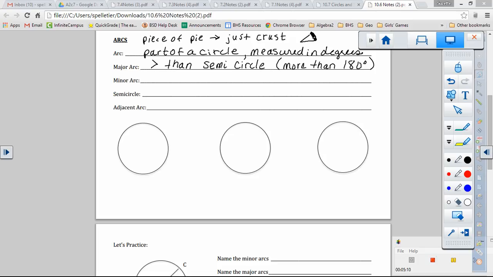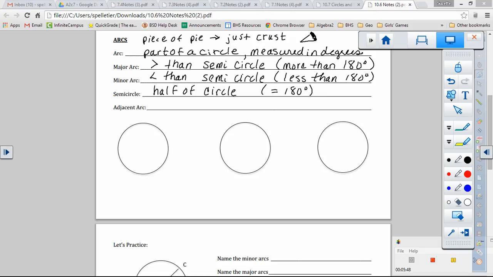A minor arc is less than a semicircle, and that means that it is less than 180 degrees. A semicircle is half of the circle, and so that equals 180 degrees. I think most of you kind of figured that part out already. Major is greater than 180, minor is less than 180, and a semicircle is half.